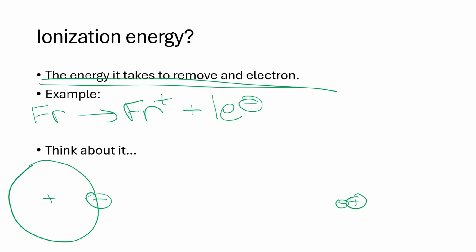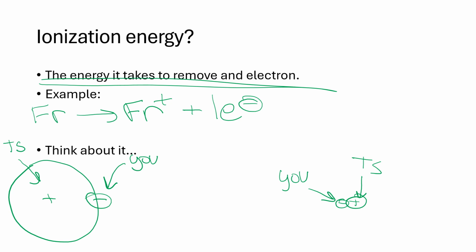So if you're at a Taylor Swift concert and you are the negative charge and Taylor Swift is the positive charge, what is going to take more energy to get you to leave the concert? If you're further away, it will take less energy.